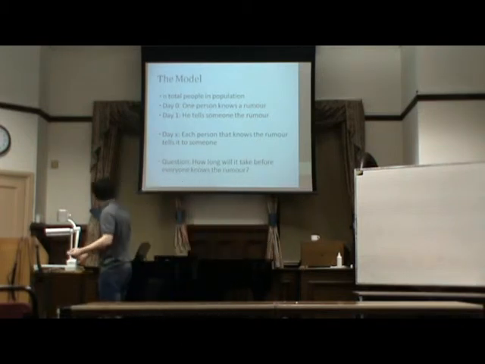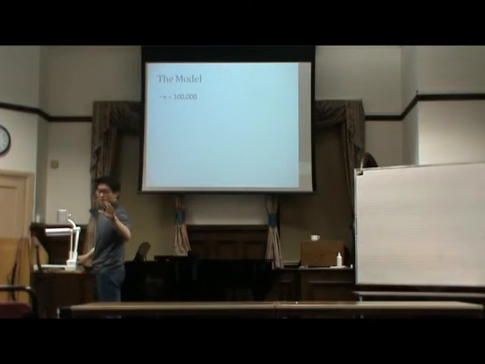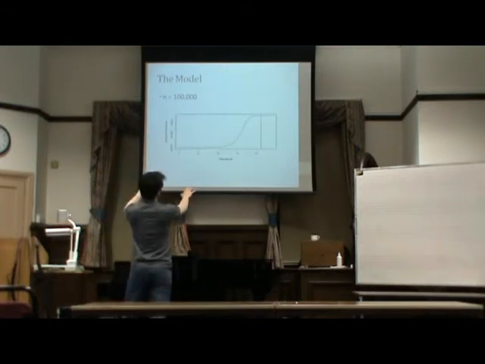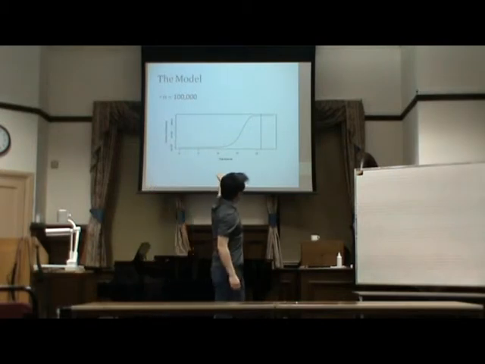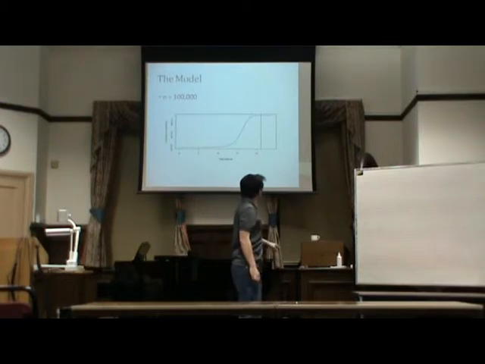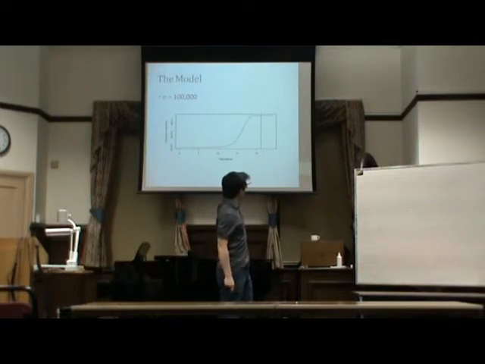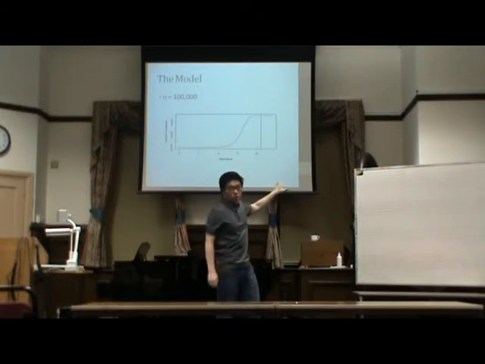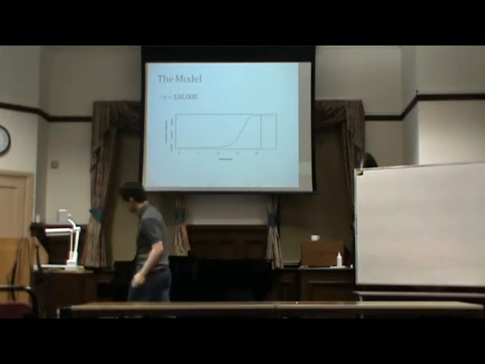So let's take a look at a model, a graph. If we set n equals 100,000, because my computer's really slow, we get something like this. This is a cumulative graph of how many people know this rumour as time goes on. The x-axis is the number of days. And we can see on day 21, all 100,000 people know this rumour.